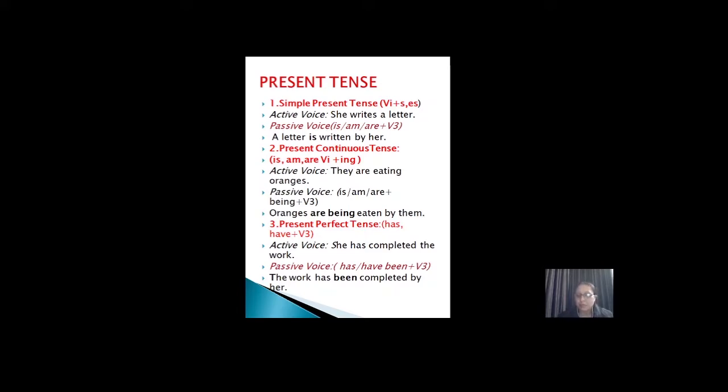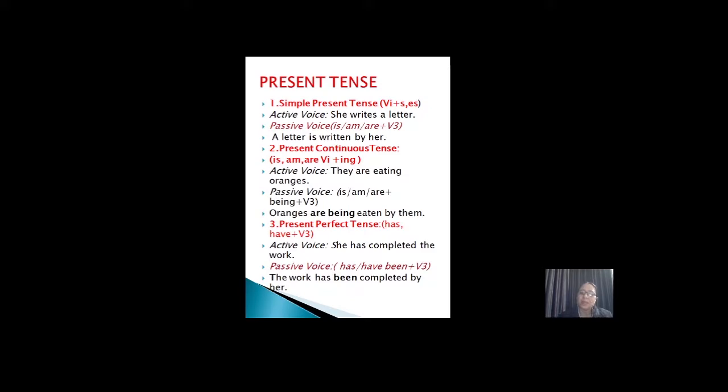Dear students, suppose you miss that being in the sentence, then this sentence will become simple present tense. So being indicates that it is continuous tense. So don't forget to add being while changing active voice of continuous into passive voice.